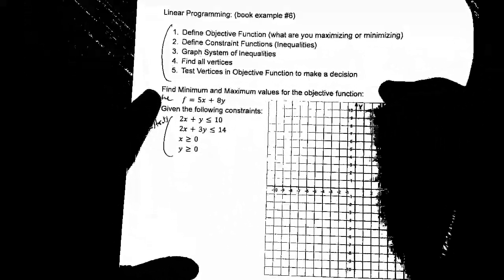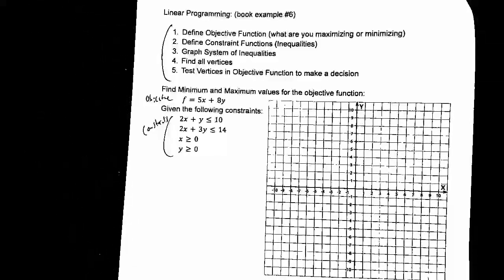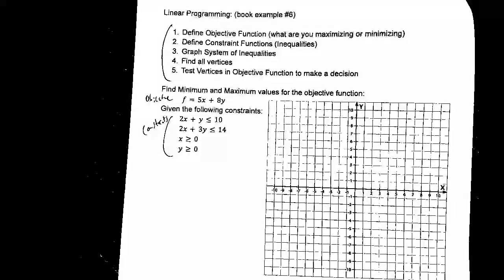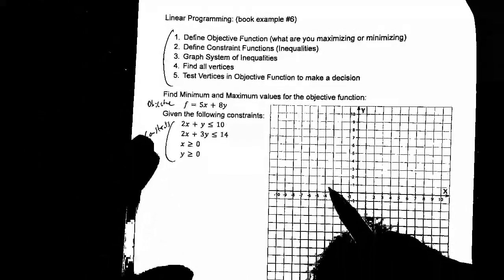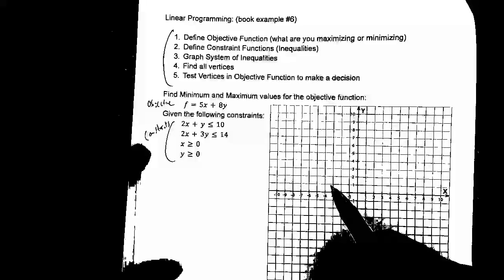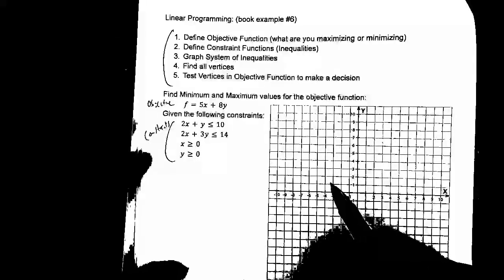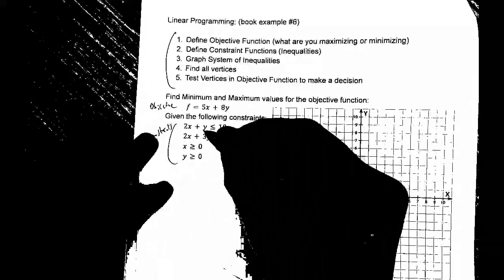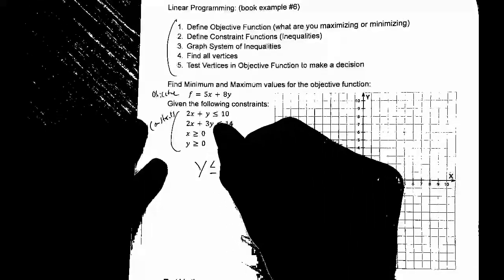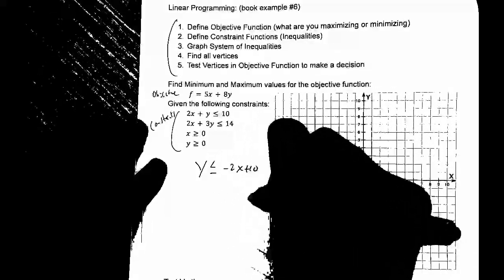Let's graph it. Okay? So if you're graphing this without a graphing calculator, you just want to get y alone in these top 2 equations, right? y is going to be less than or equal to negative 2x plus 10.